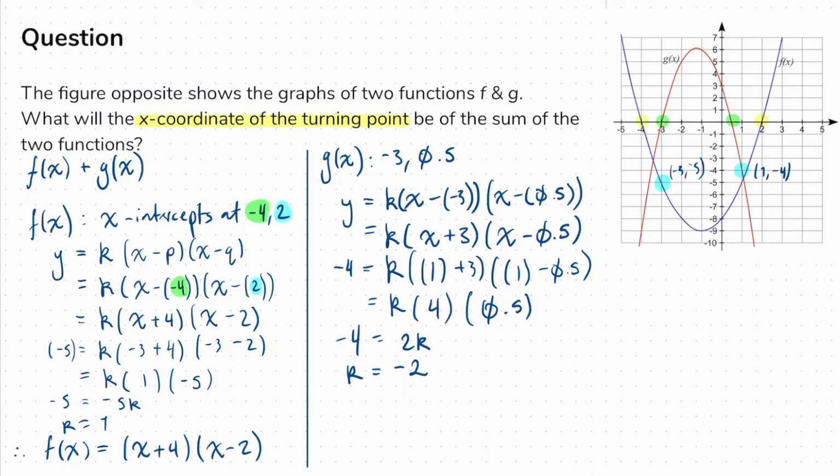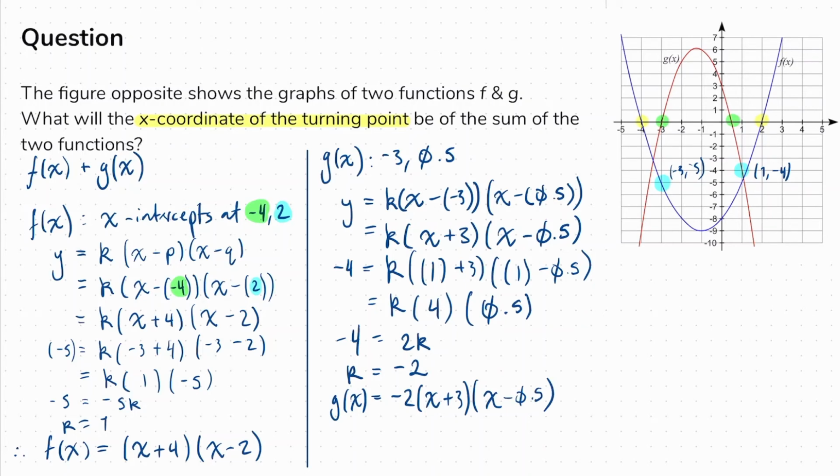But also it's a lot skinnier than the blue one, which has a scale factor of 1. So it should be high. So y, or g of x, is equal to -2(x + 3)(x - 0.5).